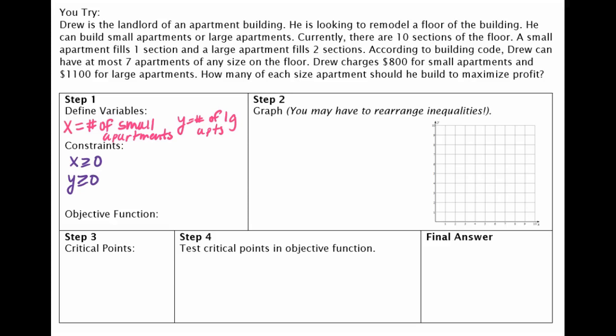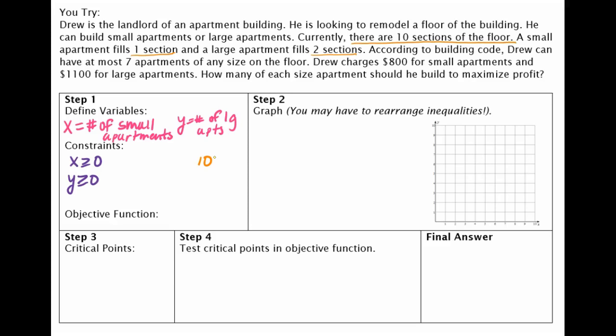So the first thing I want to take a look at is where it says currently there are 10 sections of the floor. A small apartment fills one section and a large apartment fills two sections. So 10 is like our total. That's how many sections of the floor he has to work with. So that's going to go on the right side of our inequality. And then we're going to multiply the number of sections that each apartment takes up times its variable.